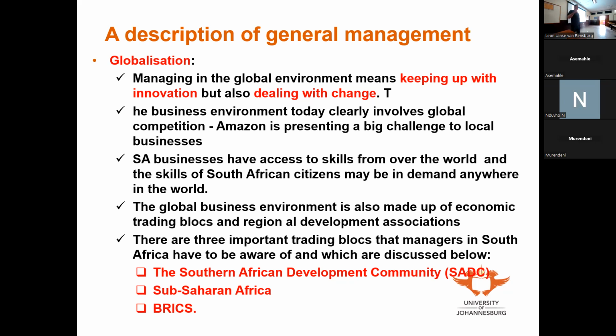But because we deal with less and less physical goods, the geographic blocks might become less important, and the BRICS type of model, where you've got countries all over working together, might become more important. So there are 3 important trading blocks that managers in South Africa have to be aware of: the SADC, Sub-Saharan Africa, and then BRICS. So those are blocks.